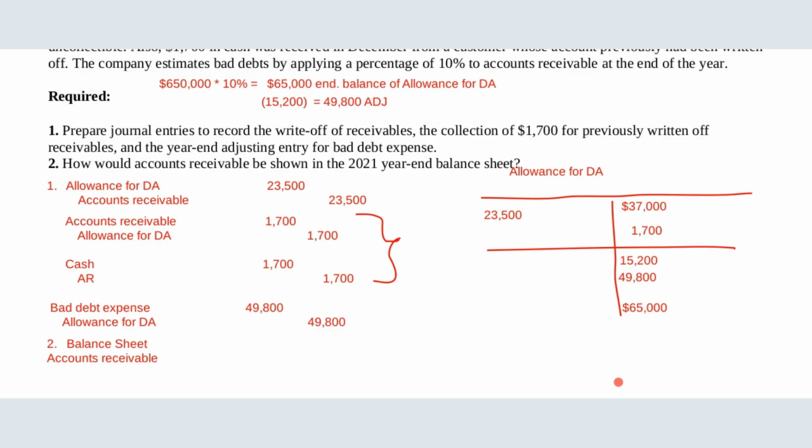And then less the allowance of 49,800. So the net amount, no, that's not, I'm sorry. I should be looking at 65.